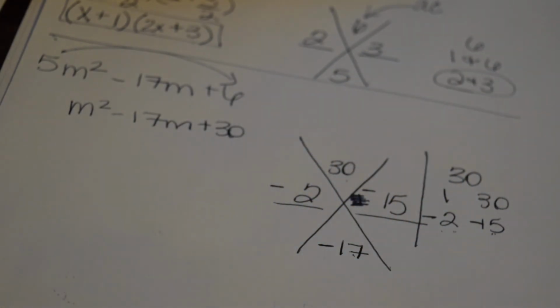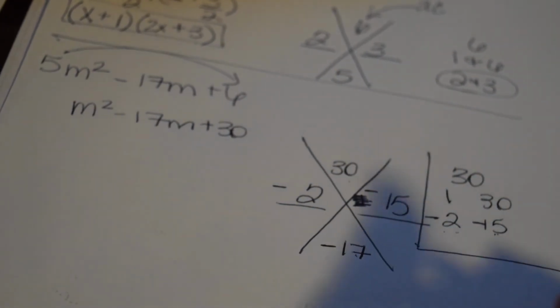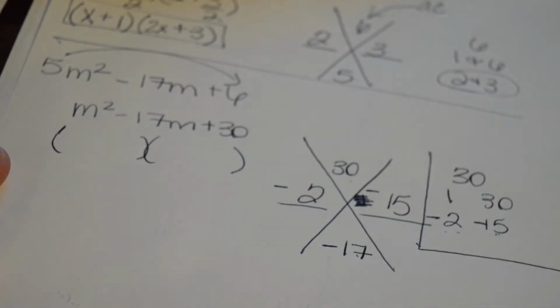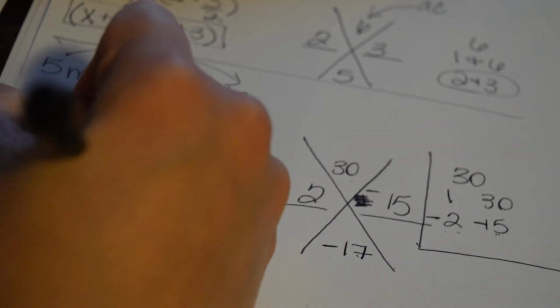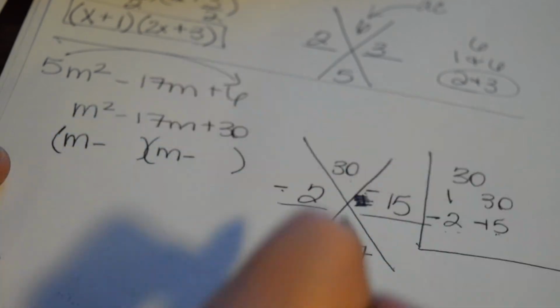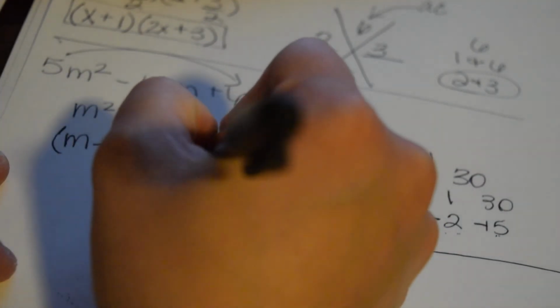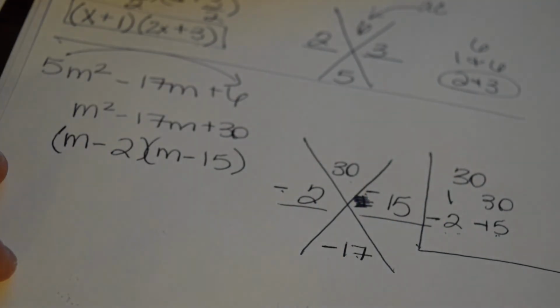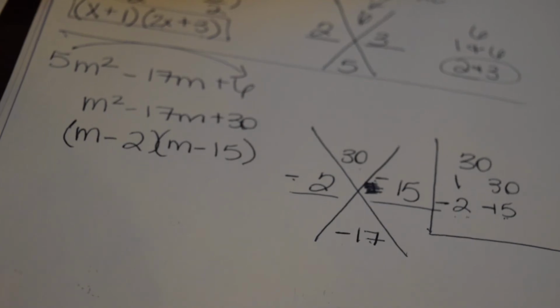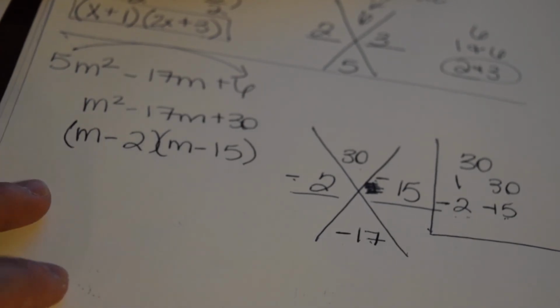Okay? So from there, I'm going to go back over here and I'm going to factor my trinomial like normal. So we have m's that go first. We know we have two negative signs. And then we know we have a 2 and a 15. Okay, so that takes care of step 1 and 2. Step 3 says I need to divide both factors by the value you slipped over in step 1.